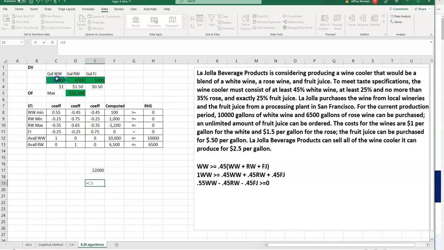So the number of gallons of white divided by 22,000 had better be larger than 0.45. Let's hope so. And there you have it. Just over 45% of the mixture is, in fact, the white wine. If you get curious, you can go down and do the same thing on all these other constraints and make sure that you have done what you wanted to achieve here.